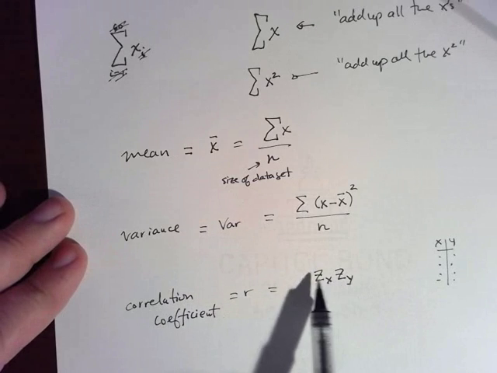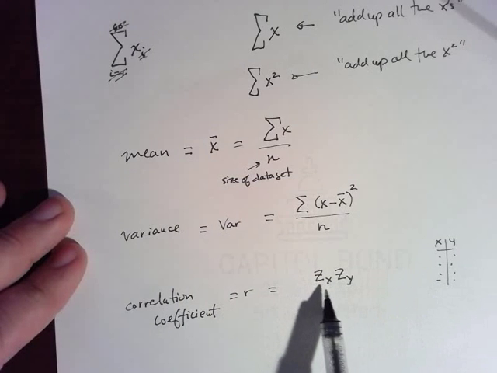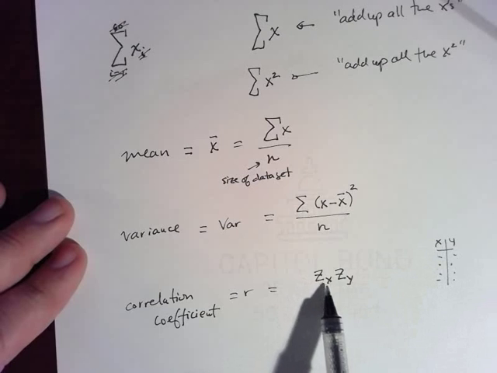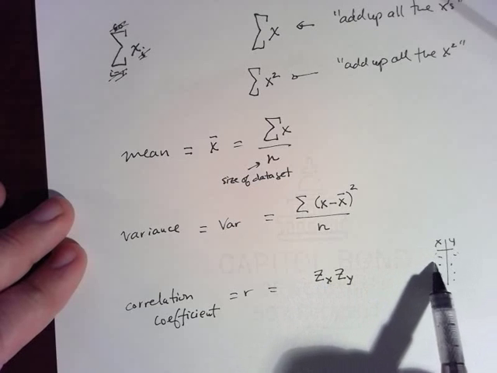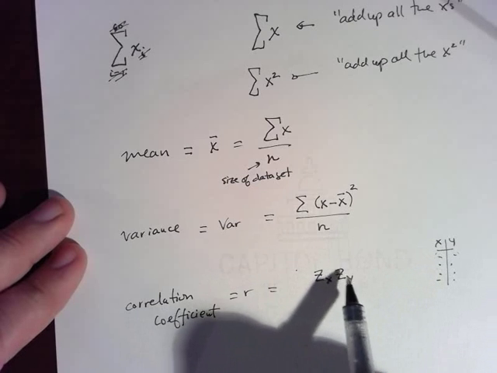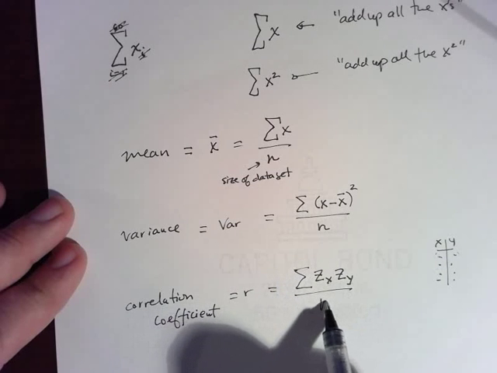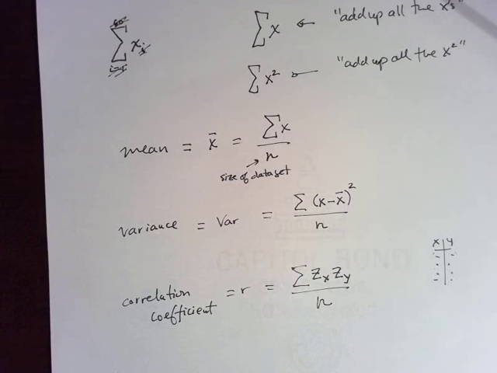When you have x and y in the same expression, it's always understood to be the corresponding ordered pairs. So we're going to do zx times zy for each ordered pair. You multiply those together, you add them all up, and then you again divide by n. These are some examples of the summation notation.